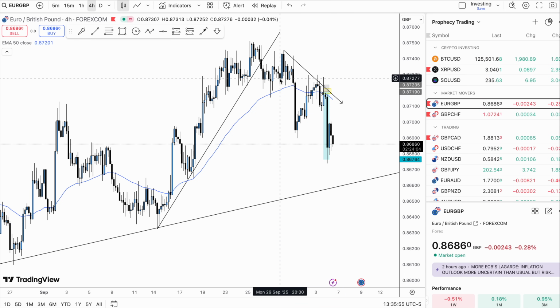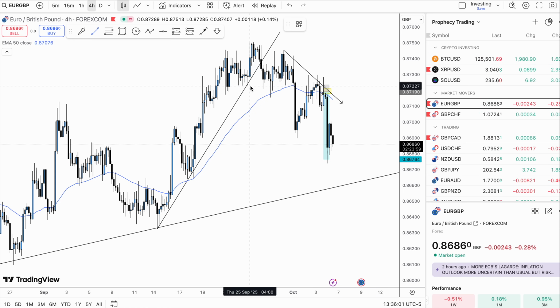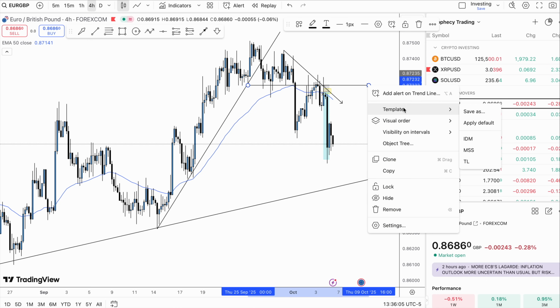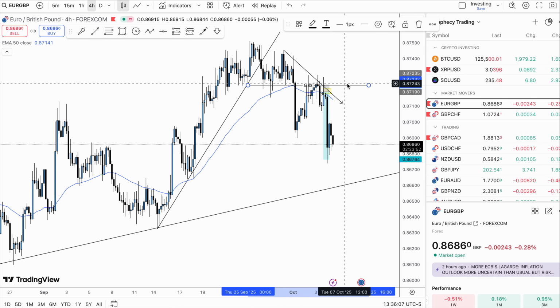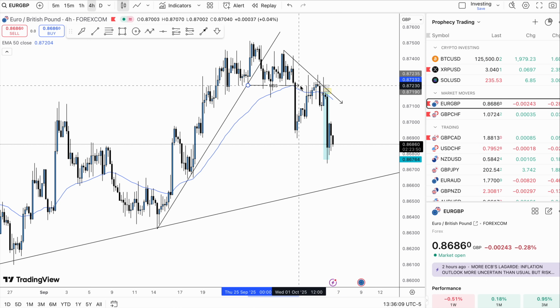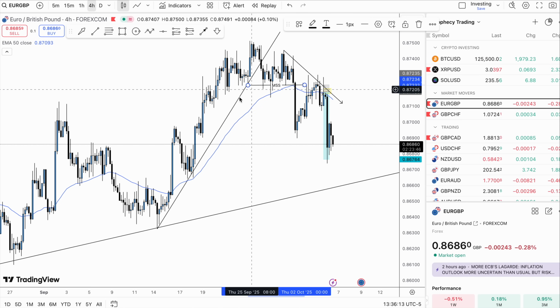So for me, that prompted us to be more in a downward market. Just for clarity, so everyone can understand and see, I'll draw a line here. I'll make this a market structure shift so everyone can understand that the market was now changing from an uptrend to a downtrend. So that was another reason.